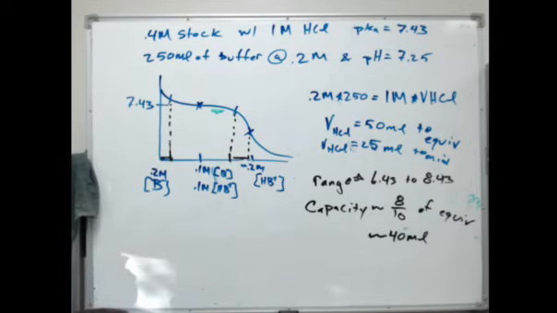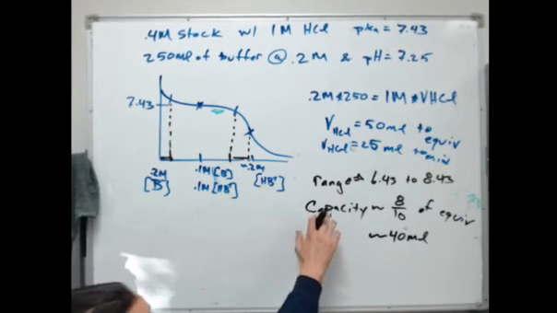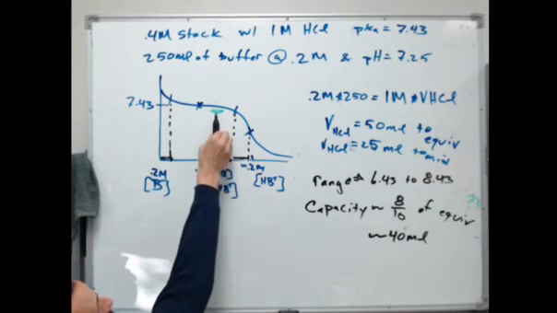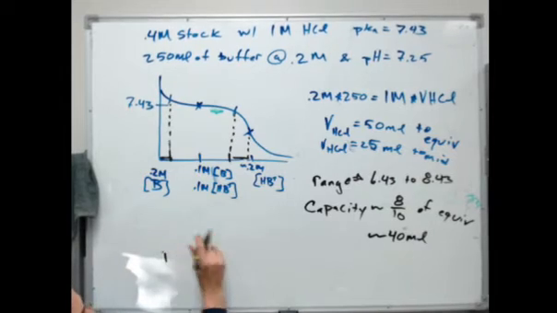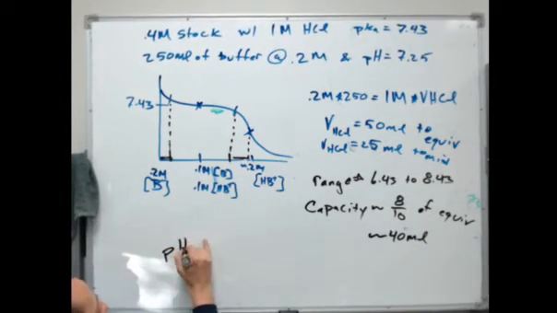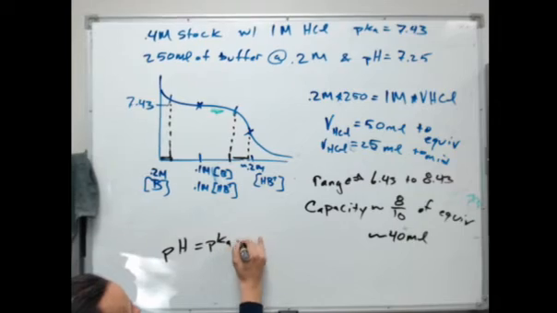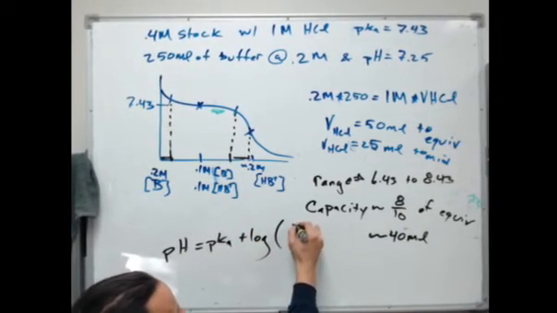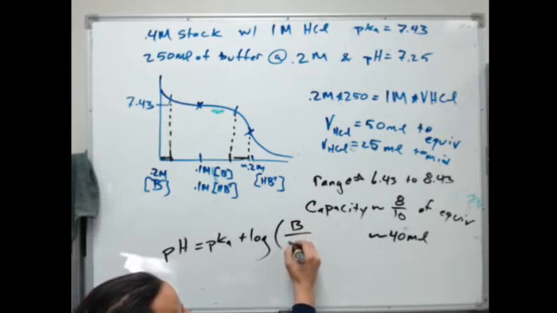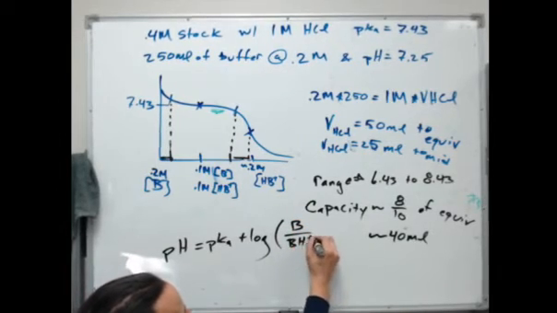It demonstrates understanding, but in order to do this correctly, you need to know how to use the Henderson-Hasselbalch equation with the stoichiometry. So for getting the creation of the buffer correctly and getting the capacity correct, you need pH equals pKa plus log B over BH plus.